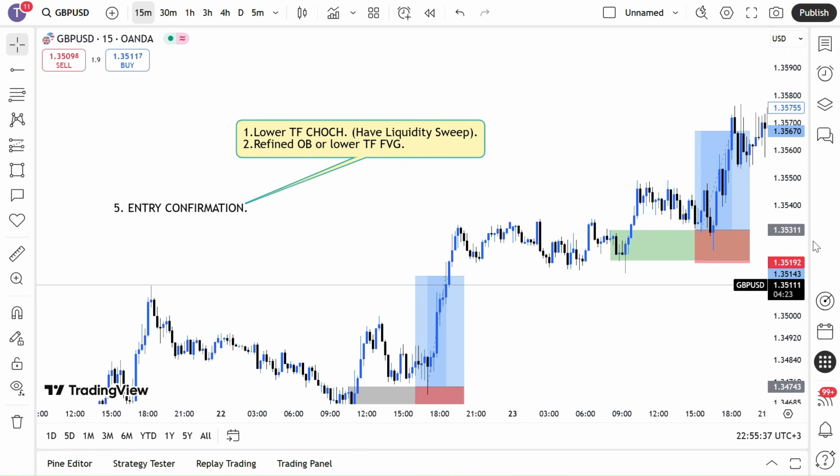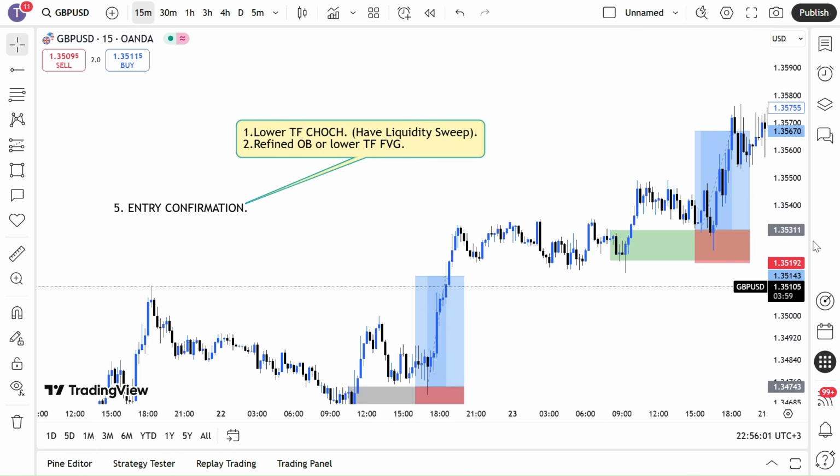And before I forget, your change of character, the high that breaks structure to the downside and then later the price comes back to change the character, should have a liquidity sweep before going to break structure downside, and then the market comes back to change that character.